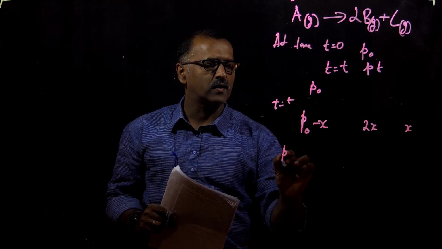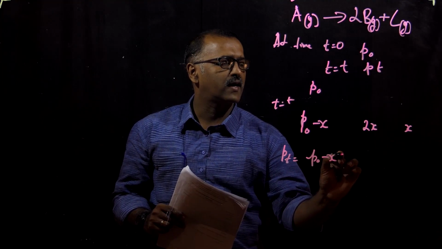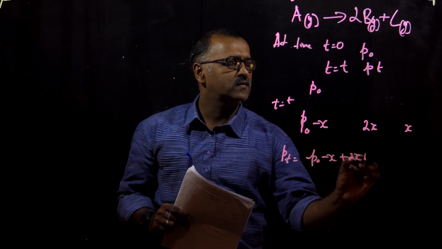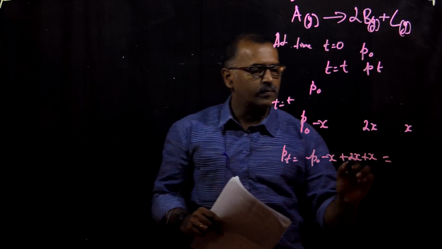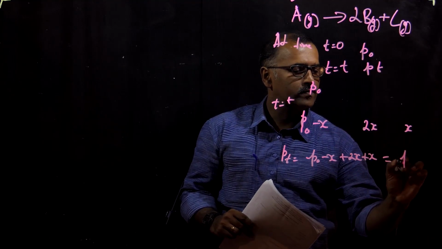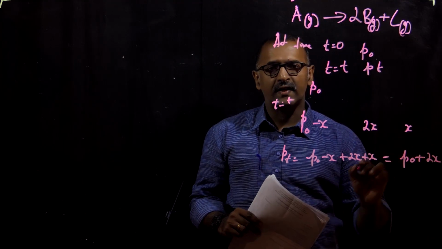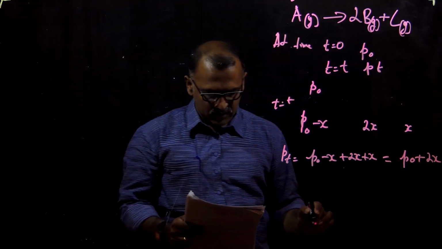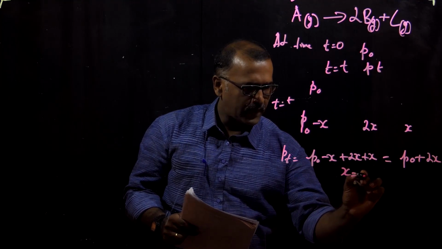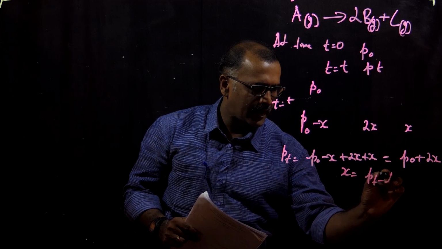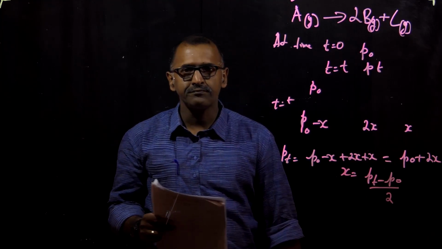The total pressure Pt will be equal to P0 minus x plus 2x plus x, which will be equal to P0 plus 2x. Now you have to get an expression for x. So x will be equal to Pt minus P0 by 2.